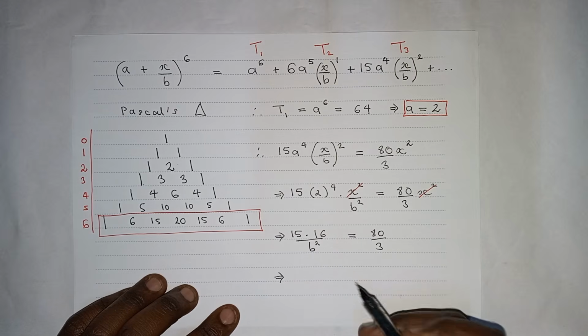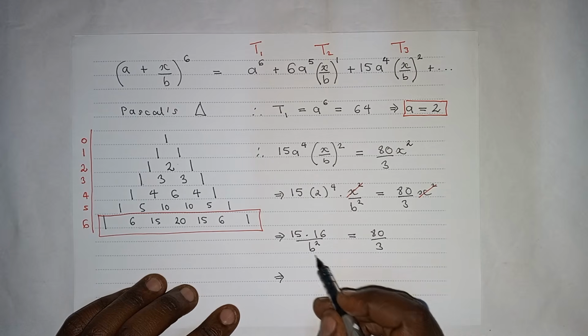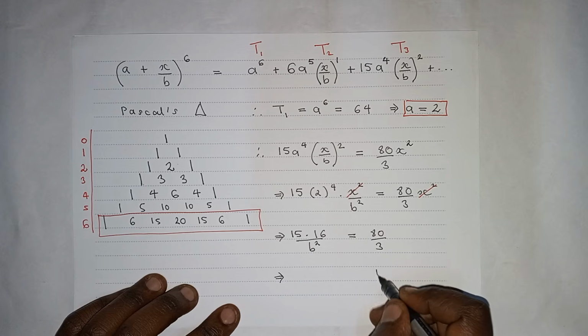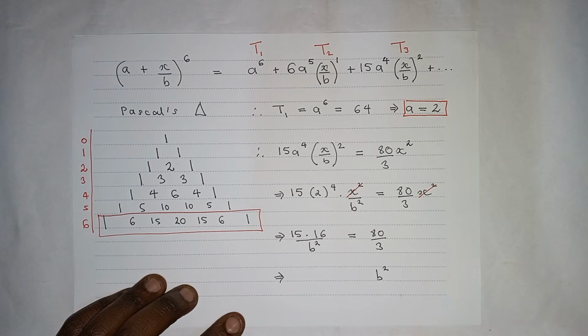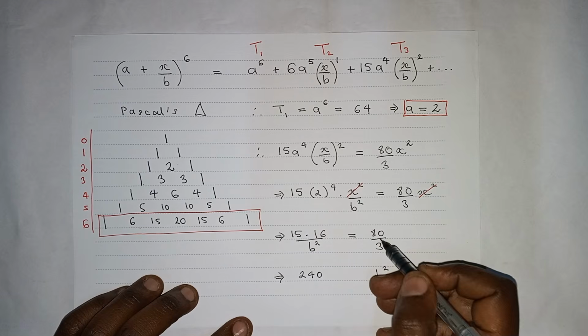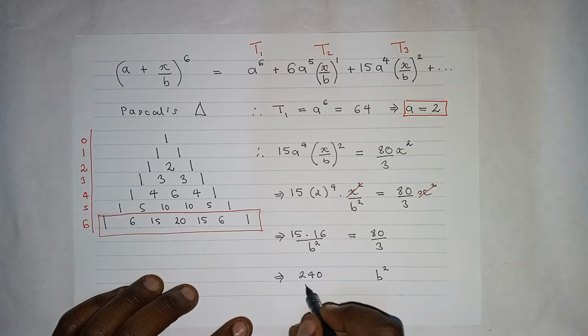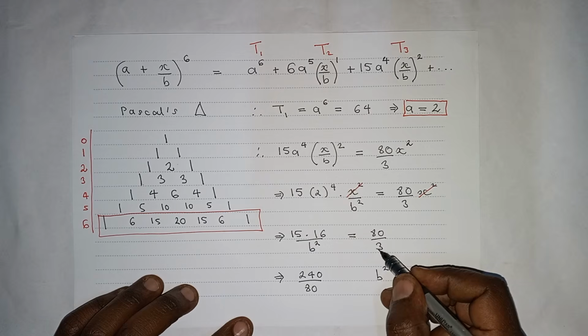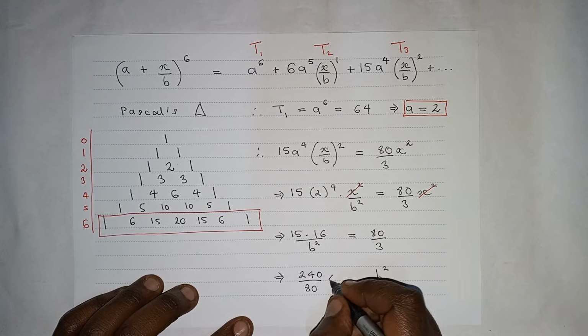The easiest way is to simply cross multiply. So my b squared will go there. I'll multiply this one and this one, which will give us 240. The 80 will come here by cross multiplying, and the 3 will go on the numerator.